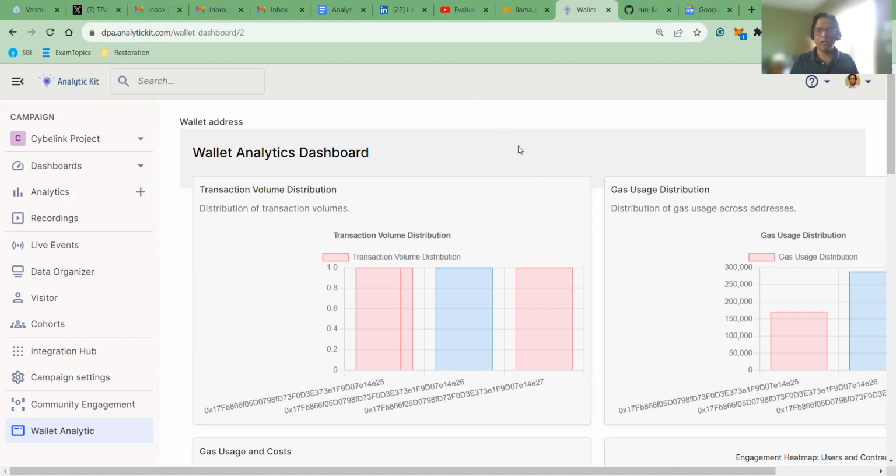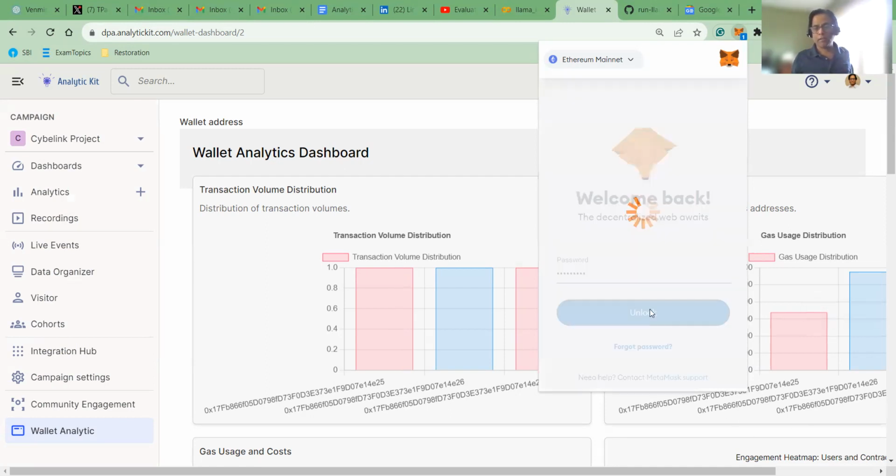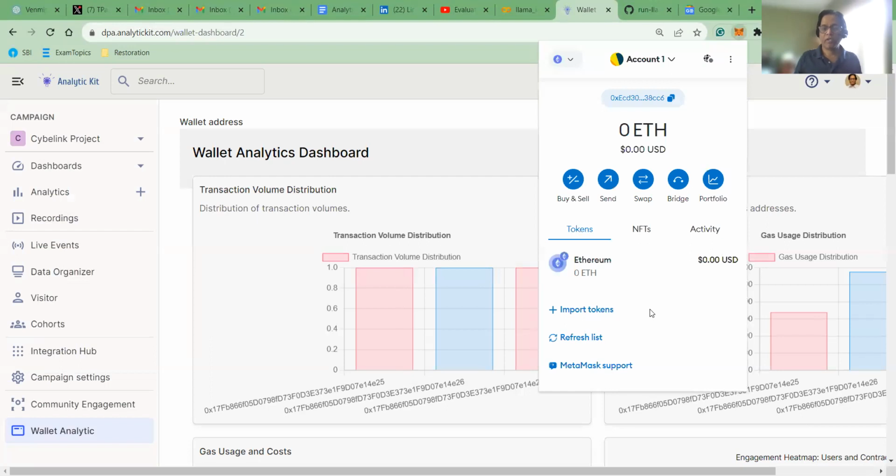Say, for example, if I want to come into the website, I have a wallet plugin. So if I just type in my password to accept the connection, then the event is generated.